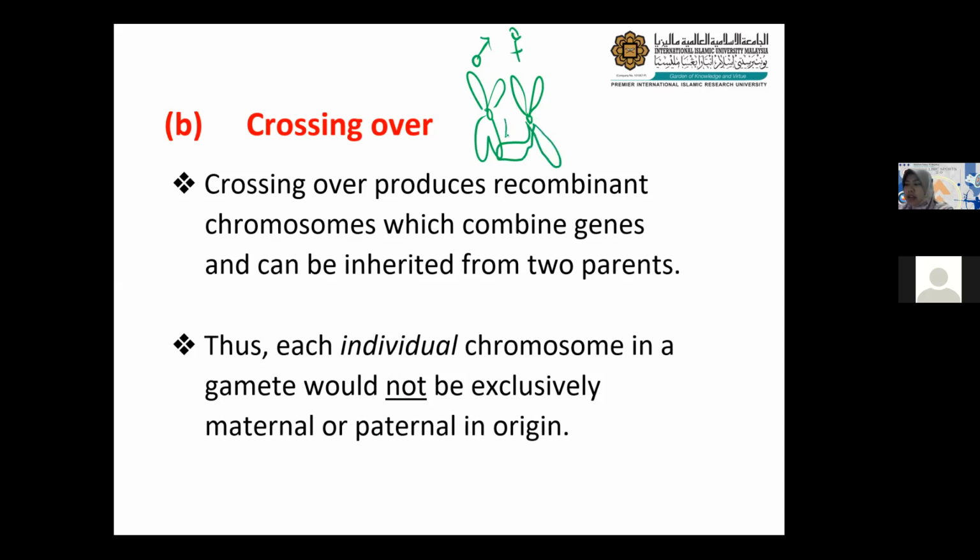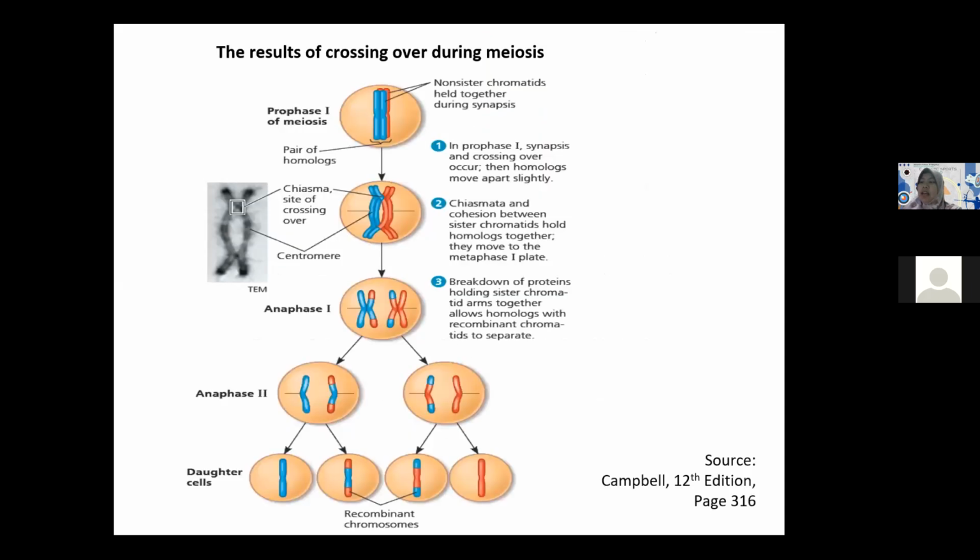You can see they synapse with one another. So the genetic content will be exchanged here. All right. So that makes each individual different from their father and also their mother. Okay, due to the crossing over. So this is what you can see, the crossing over, right?